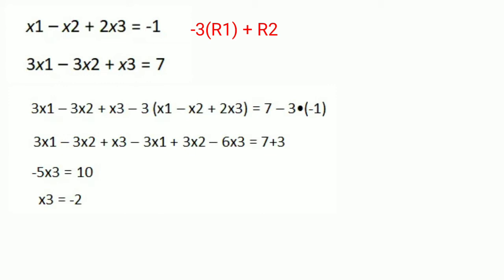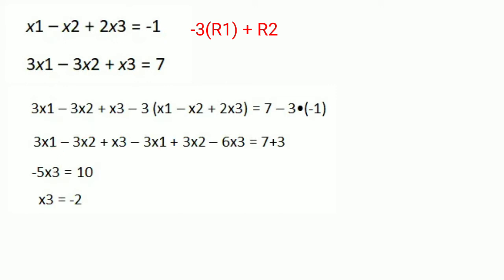So it will result in 3x1 minus 3x2 plus x3 minus 3x1 plus 3x2 minus 6x3 equals 10. Then the terms cancel, so it results in -5x3 equals 10. So our x3 is equal to -2.